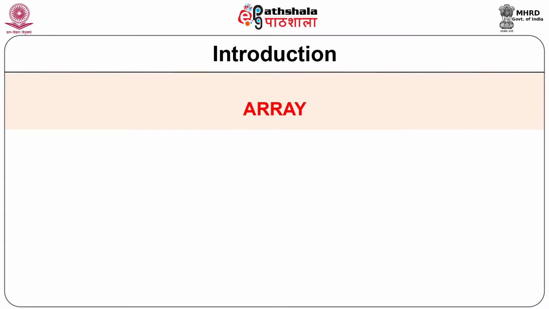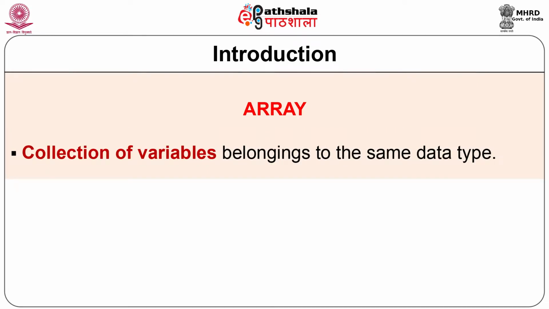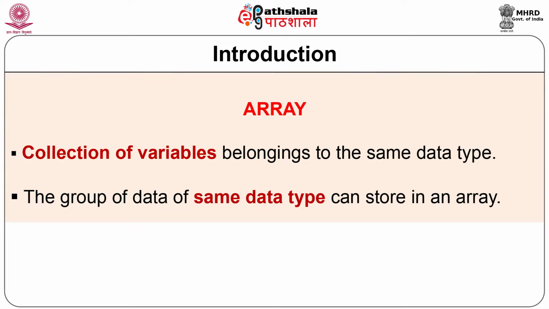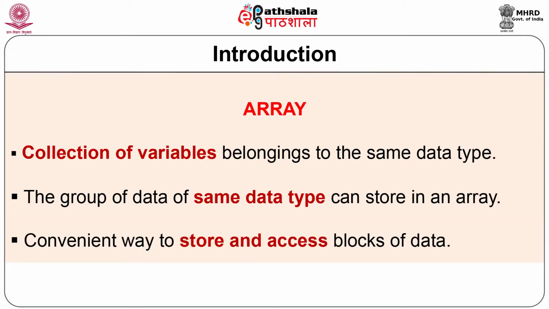As you know, arrays and pointers are placed in the secondary constant category. Let us see array. As we know, array is a group of similar objects or group of similar data points. Array can store a fixed size sequential collection of elements of the same data type. Array offers a convenient way to store and access a block of data.